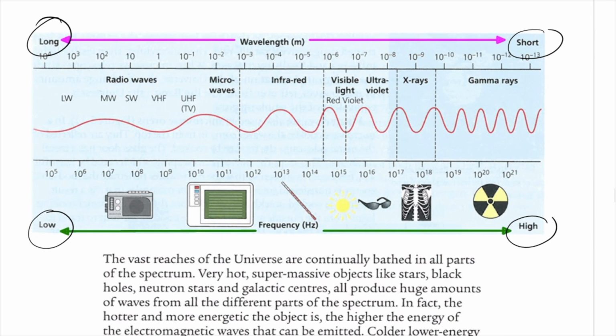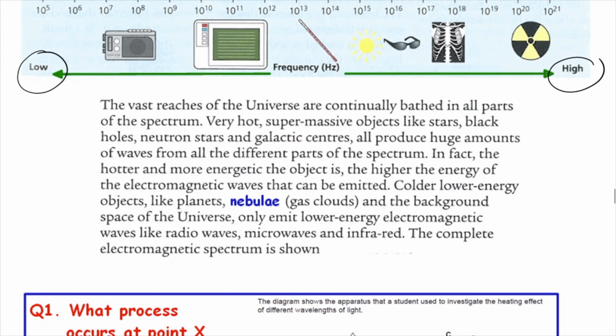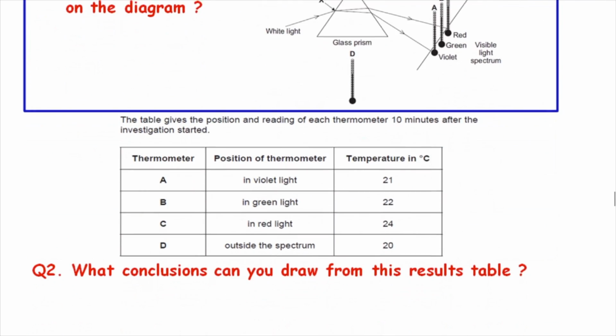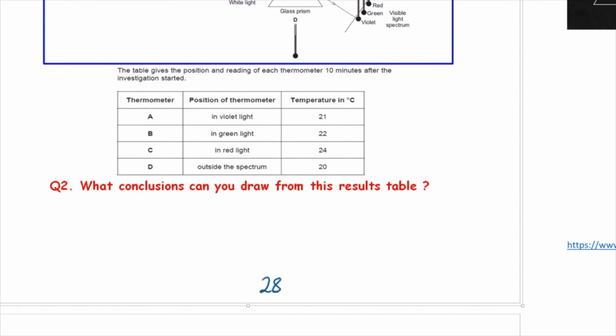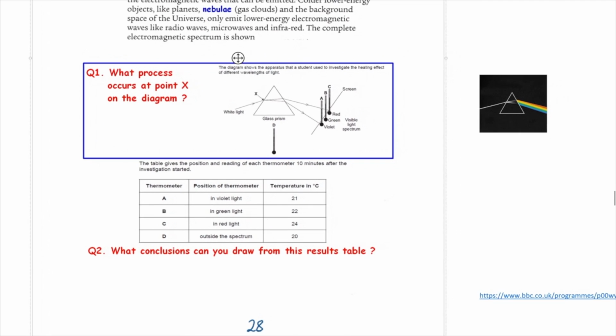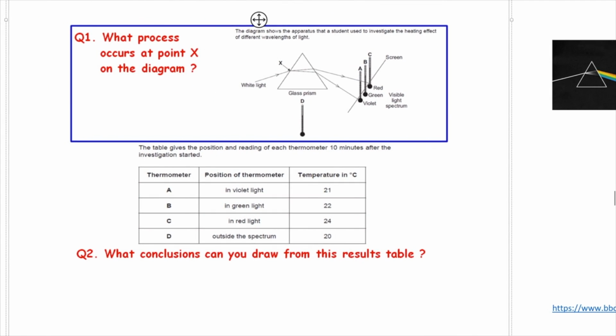And underneath, some more information that I'd like you to read through. And when you've read through, answer question 1 and question 2, please. So, pause the video. When you've answered question 1 and question 2, press play again.